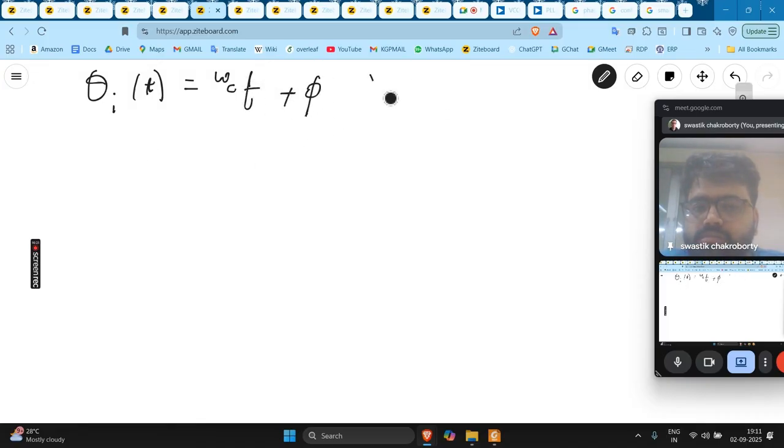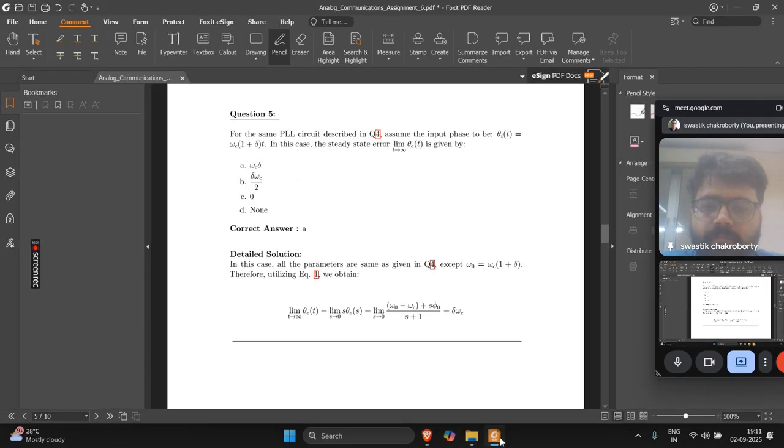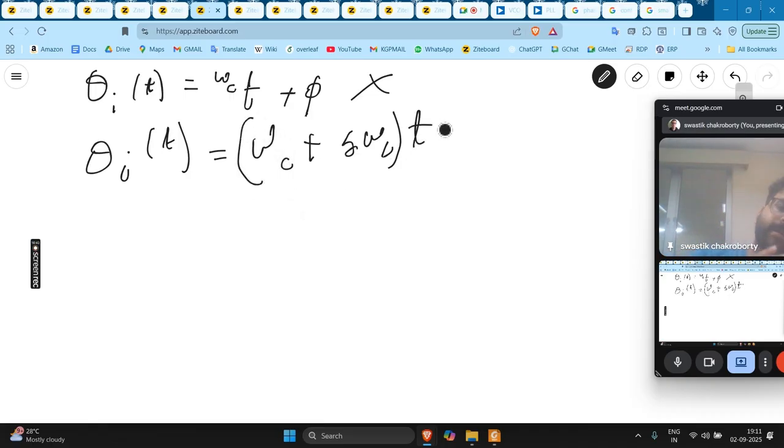But now theta i(t) is omega c plus delta omega c, so it is slightly more than the natural free running frequency, into t. That is, you can write it as omega c (1 plus delta) into t. So the frequency is slightly more than the free running frequency.